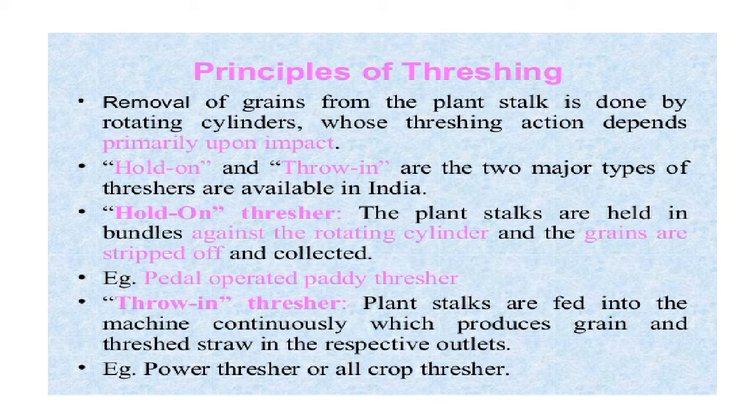An example is the pedal operated paddy thresher. In the throw-in thresher, the plant stalks are fed into the machine continuously, which produces the grains and threshed straw in respective outlets. This is the example of the power thresher or all crop threshers.